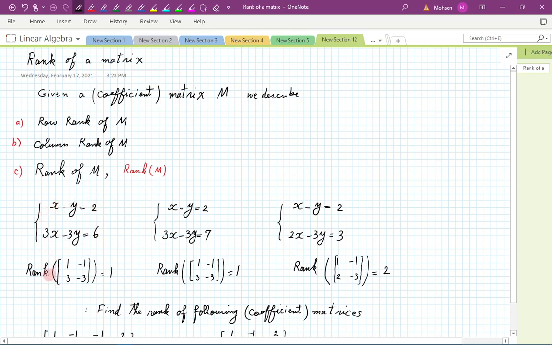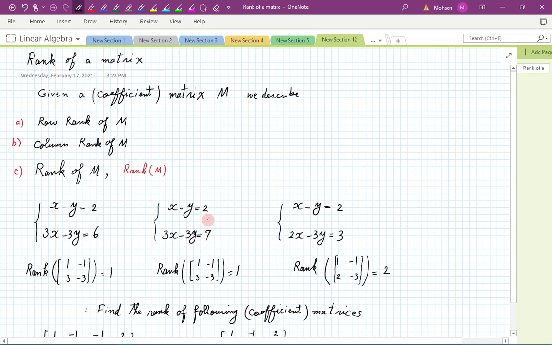In that case, we say the rank of this coefficient matrix, 1 minus 1, 3 minus 3, is 1, reflecting the fact that we have essentially one equation. In this case, we have the second equation almost triple of the first one. All the coefficients on the left are triple of the coefficients here, and the right hand side doesn't follow suit. So this is of course an inconsistent system.